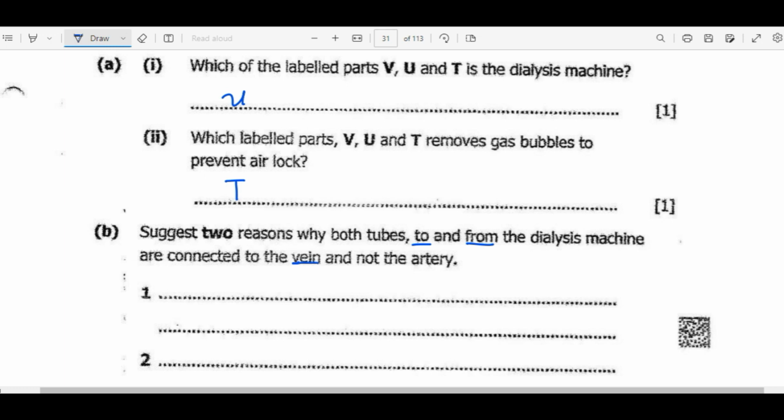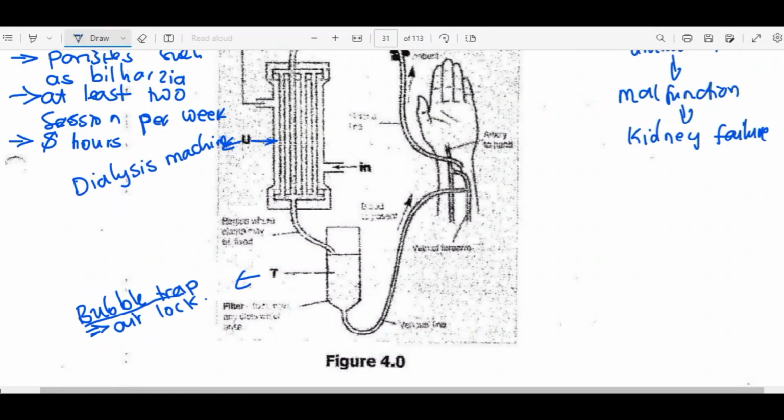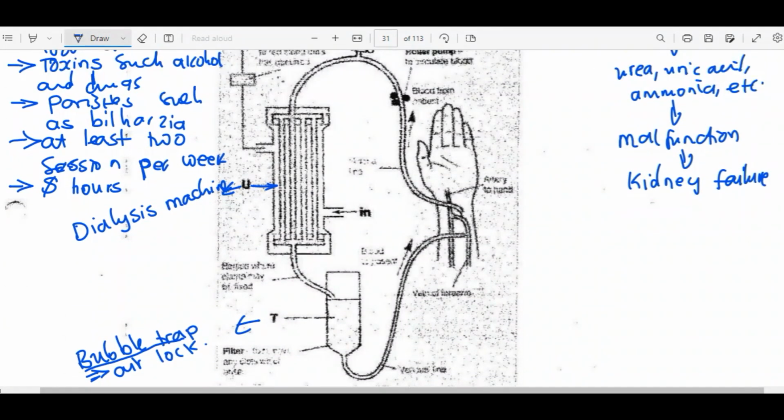So the first reason that we can give is that veins carry blood at low pressure. Meaning, we don't want blood to pass through at a faster speed, because if that happens, not all the waste product will be removed since the speed is high.